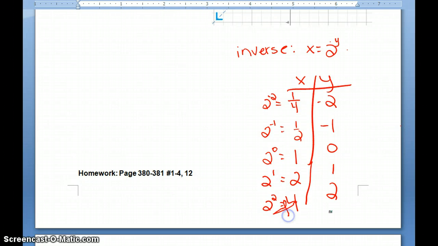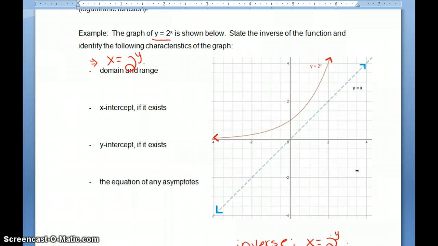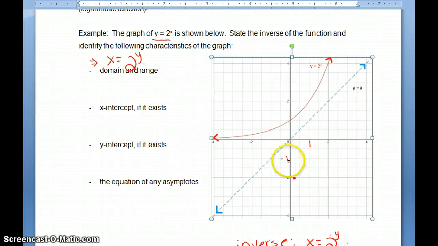So now let's graph these values here. I'm going to move on up to our graph here. Our first value, we had y is equal to -2, and x is equal to 1/4. If you notice here, this is 1, so our 1/4 is approximately right there. Then we have y is equal to -1 and x is 1/2, so our point might be around there.